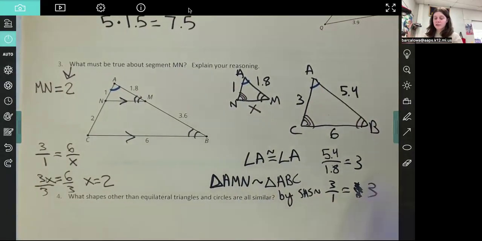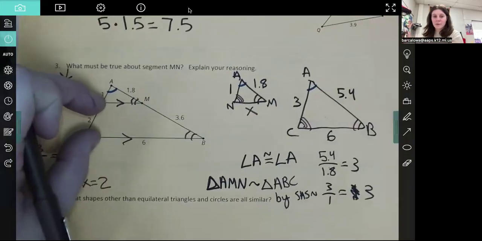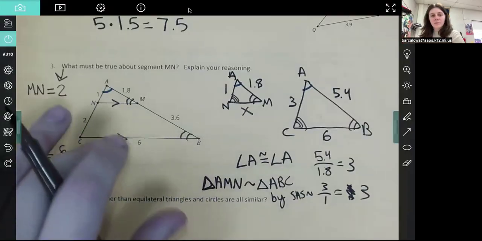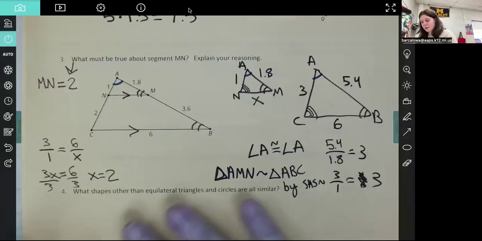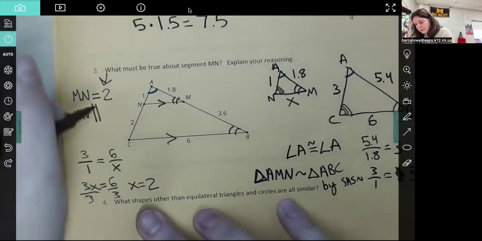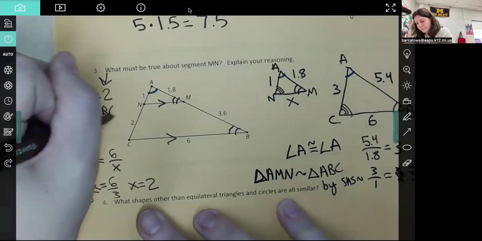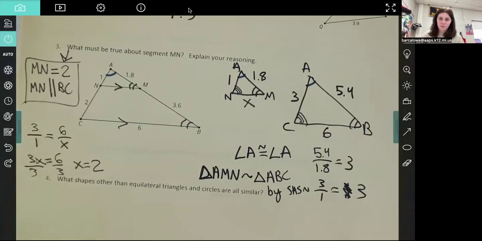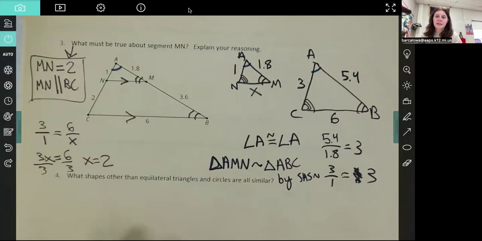Usually, the paper will tell you these lines are parallel and you have to mark the angles. So this one's flipping it around a little bit. We know the angles are congruent, so those two lines must be parallel. So MN must be parallel to BC. So that's two different things that must be true. On the test, we would be more specific about which one we're looking for. Okay.